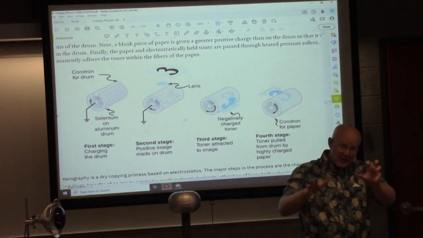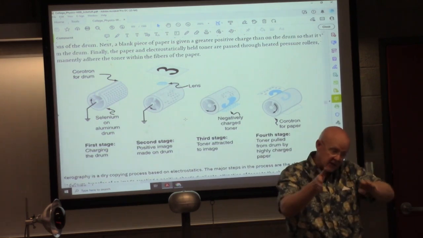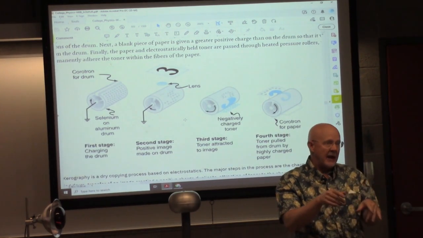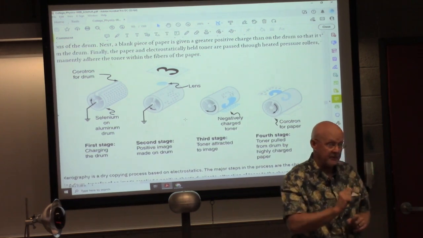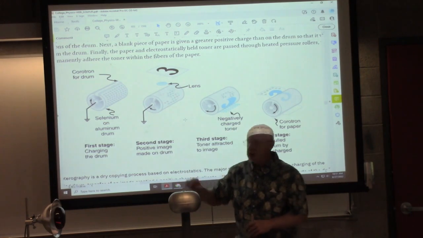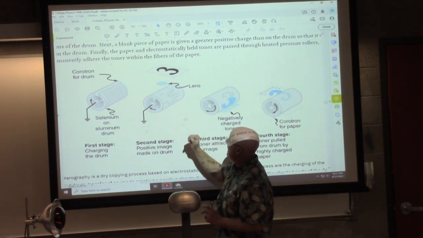And the drum rotates, and so as the light scans across and reflects, the light will bounce off your paper except where there's writing. So on this piece of paper they have the big number 3, and so light reflects everywhere except where there's the black number 3.